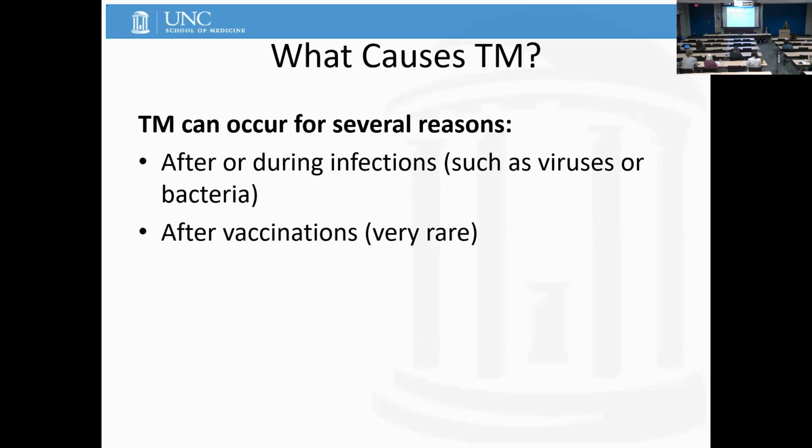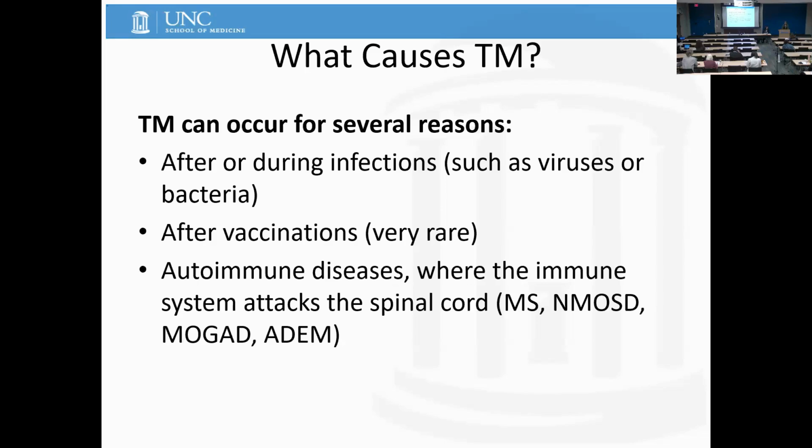Very rarely can it happen after a vaccine, but we have seen it before, so I think it's worth mentioning. But all that being said, vaccines are still considered to be very, very safe because this is a very uncommon complication of vaccination. It can happen related to autoimmune diseases, particularly systemic autoimmune diseases where the immune system attacks the spinal cord.